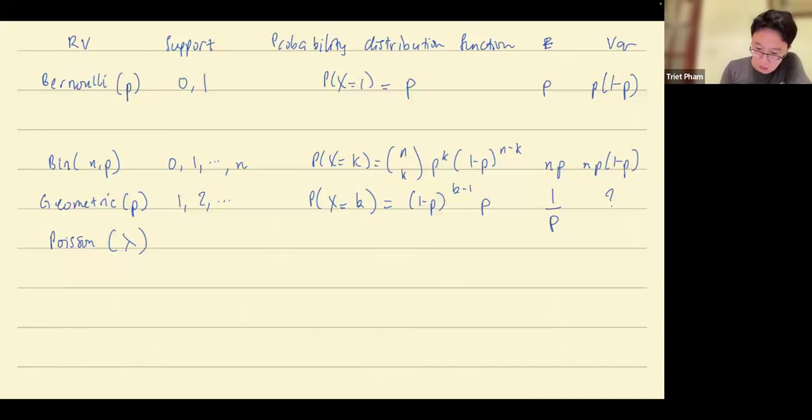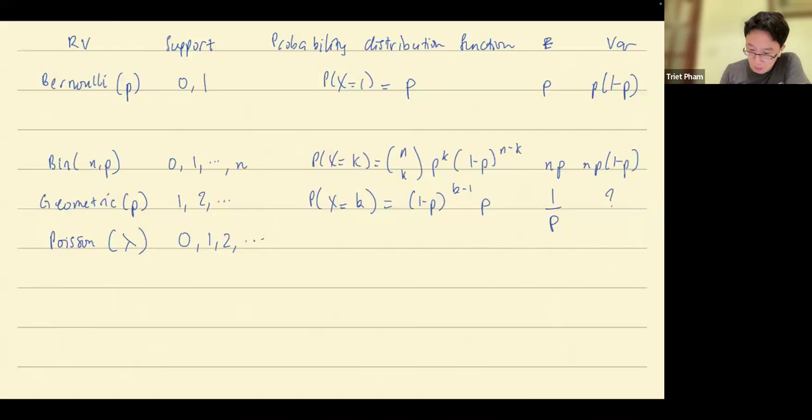The values that the Poisson random variable can take will be 0, because you can have 0 arrivals during a certain time interval, 1, 2, etc. Notice that a geometric random variable, by definition, will not take value 0. The lowest value it can take is 1.